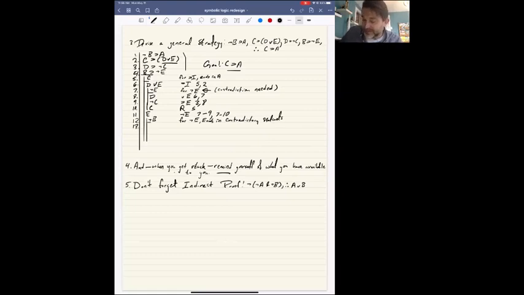So in fact, at step 13, we wanted to assume here, this isn't for negation elimination, it's for negation introduction. And so we're actually going to assume B here.